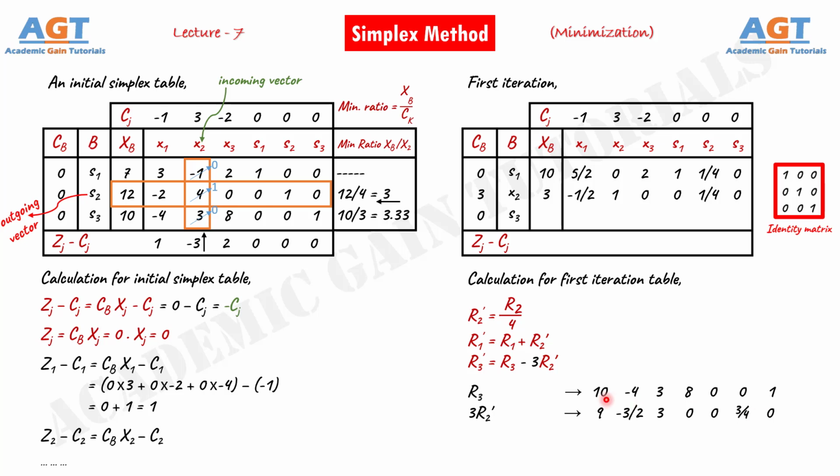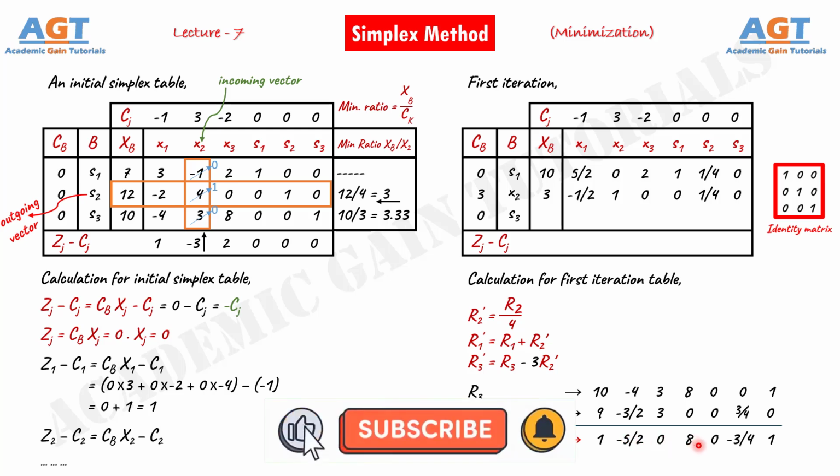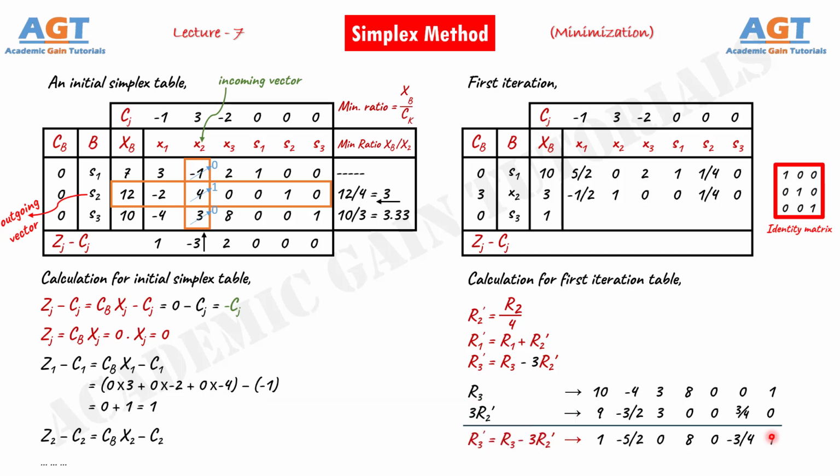Now, we will subtract 3 R2- from R3, we get 1, -5 by 2, 0, 8, 0, -3 by 4, 1. So, this is the value of R3-. We will fill up this third row with this value.